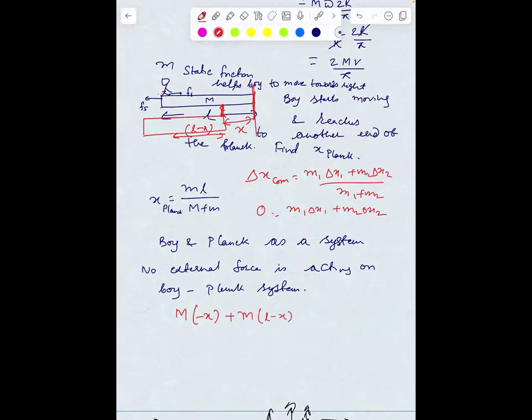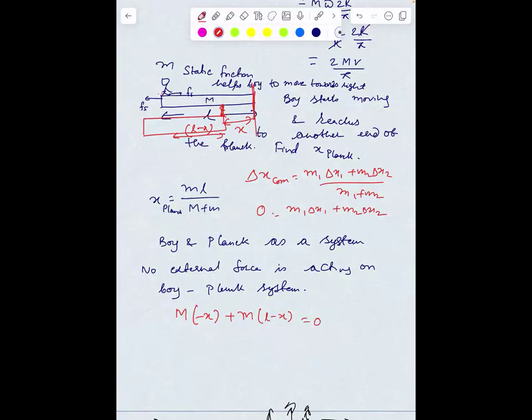Is it okay? Check it. The boy is moving towards the right. This plank is stationary. The boy has to travel L distance, but as the boy progresses, the plank also gets shifted. So the total distance moved by the boy is L minus x, is equal to 0. Can I say that, yes or no?